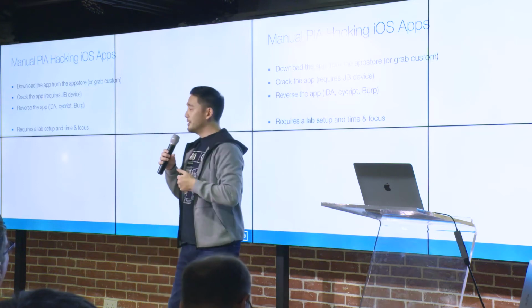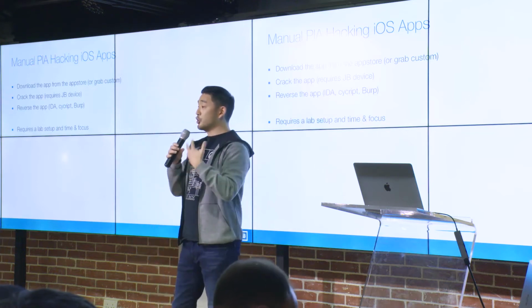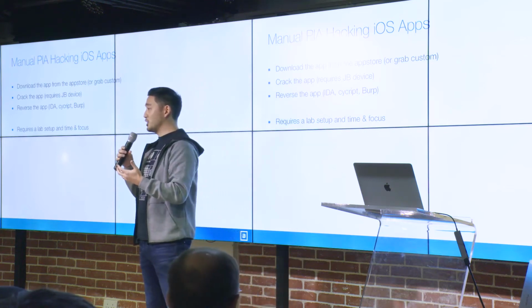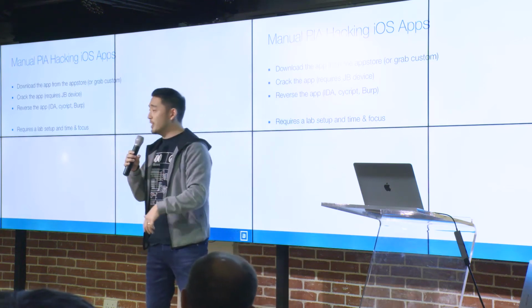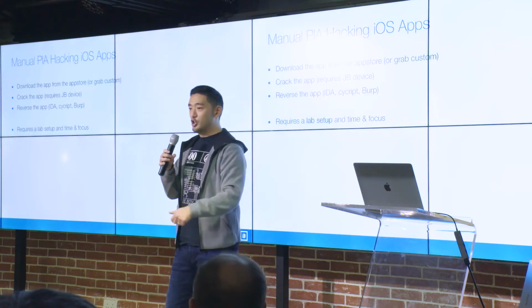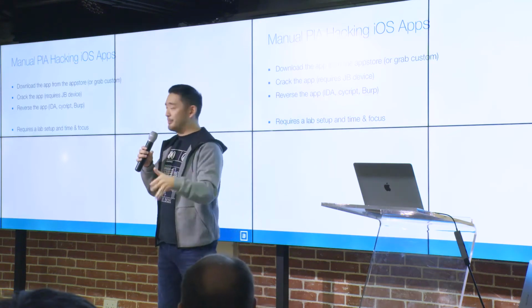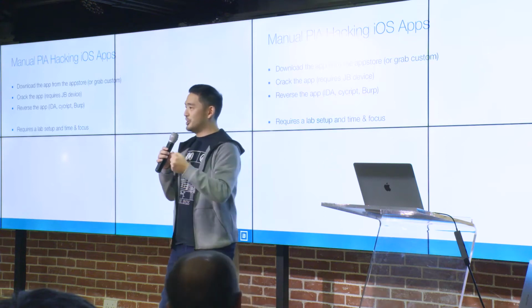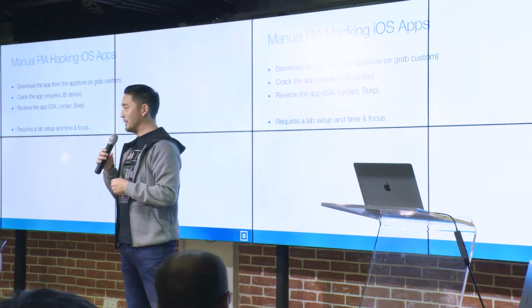You have to download this app from the App Store, and it's encrypted by default. So you have to decrypt this application from Apple. The only way to do that is to get a jailbroken device, run the app, and allow Apple's hardware to decrypt it. And then you have this unencrypted binary, which is your Twitter mobile app, for example.